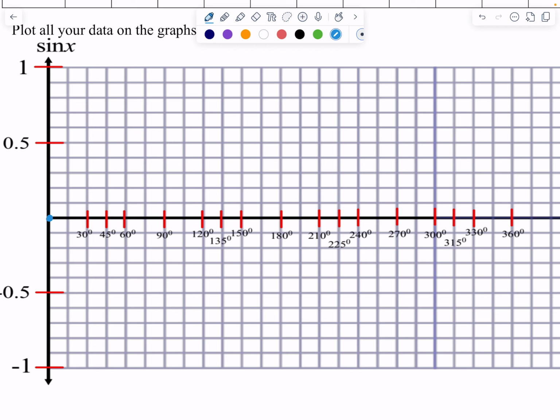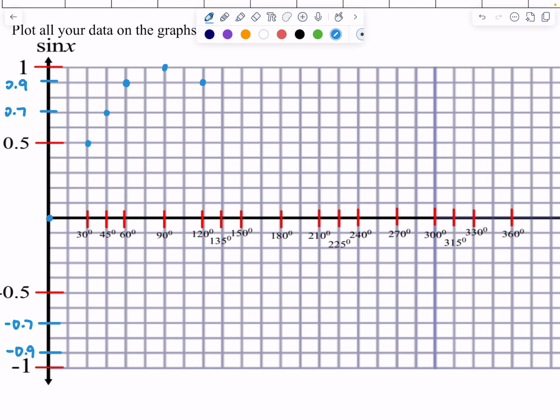I'm going to just kind of note where 0.7 and 0.9 would be in both the positive and negative direction, just so I'm not looking for it each time.